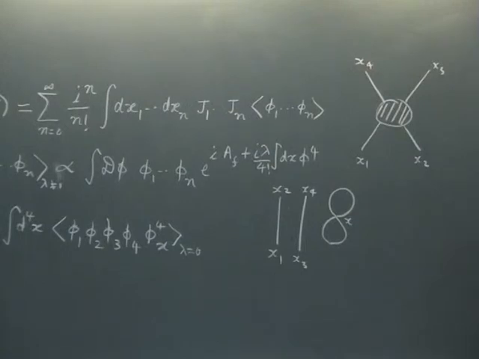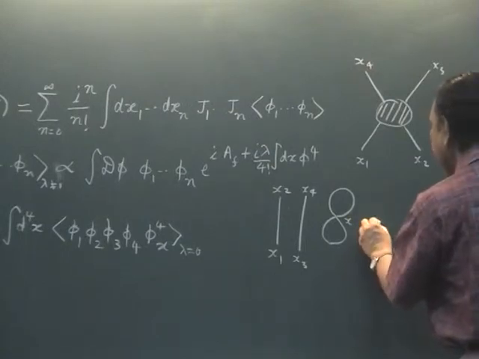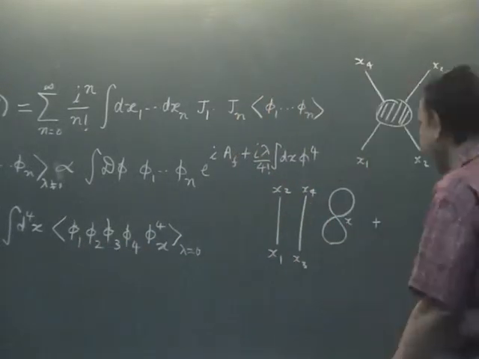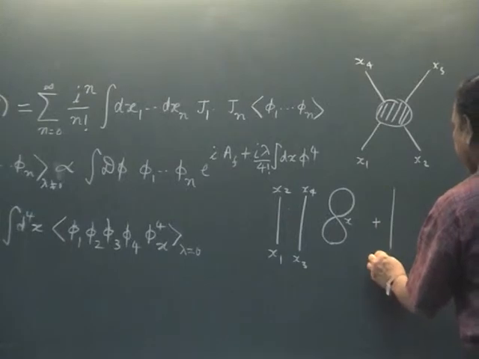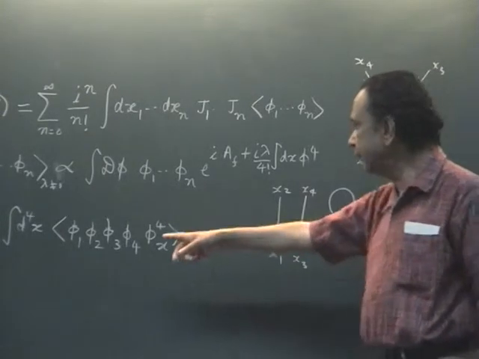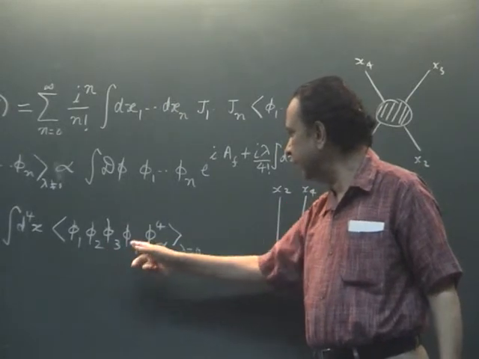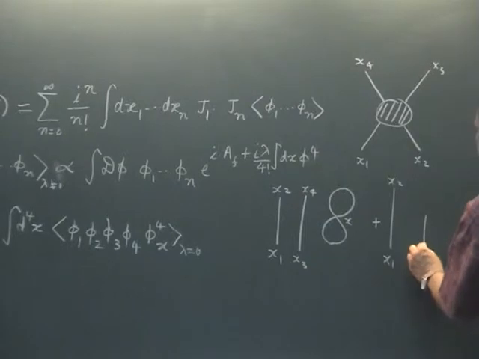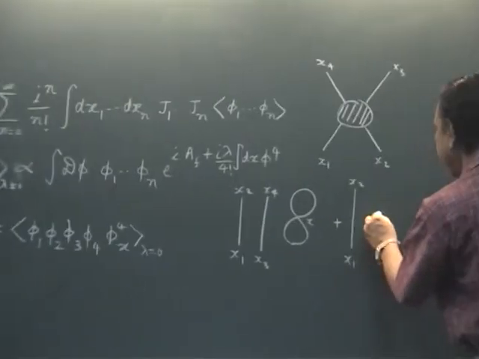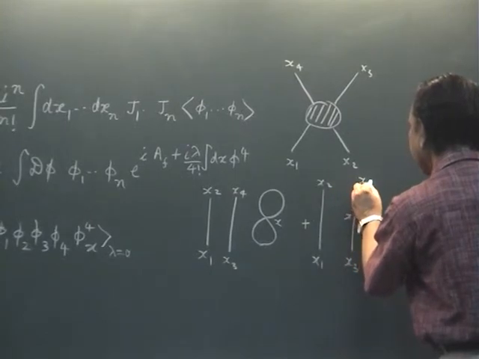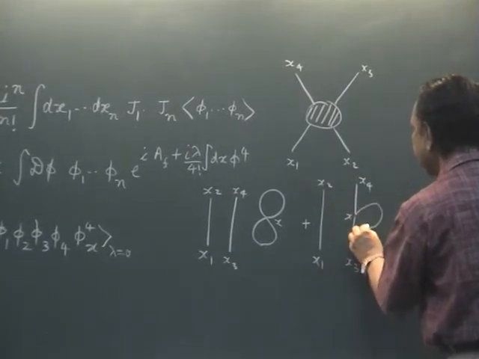Then similarly, you can have a situation where phi 1 and phi 2 are paired, which is this line. But here we don't pair these two, but we pair it with one of the x's. So then that is phi 3, x3 to x, then x2, x4, then an x2, x loop.